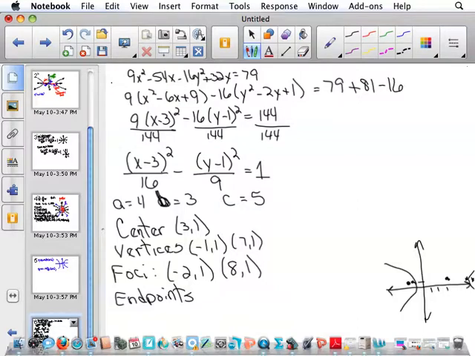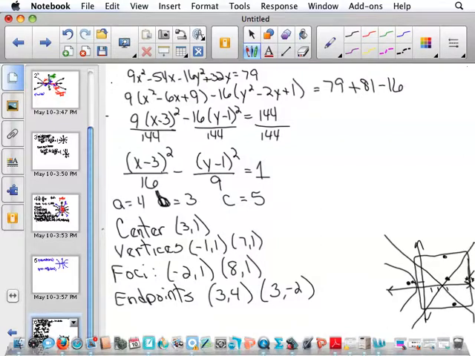So they're going to be 3 units up, so at 3, 4. Sorry, 3, 4. So at 3, 4, and then they're going to shift down 3 units, so at 3, minus 2. So here's my little rectangular box that the asymptotes will actually go diagonally through those corners.